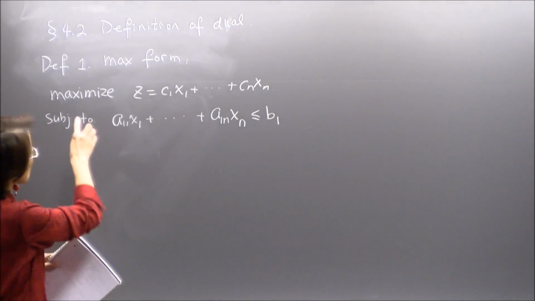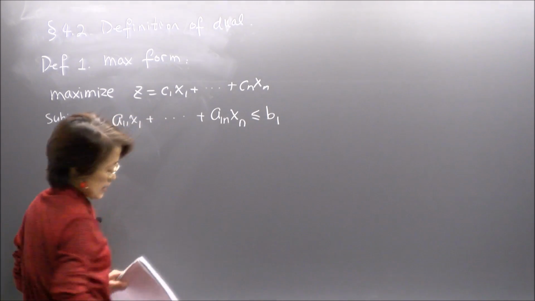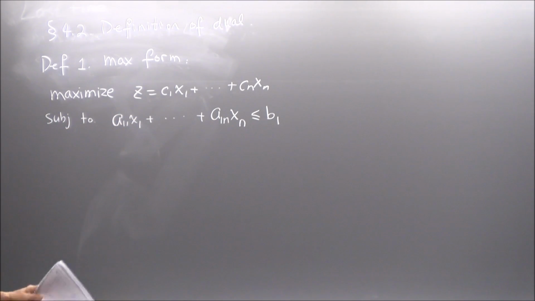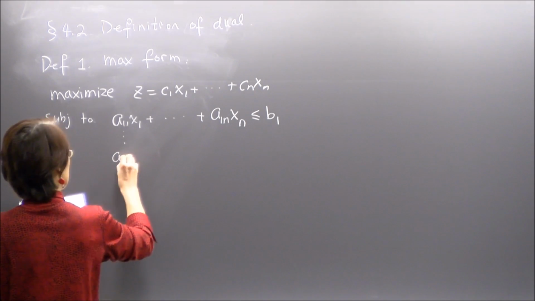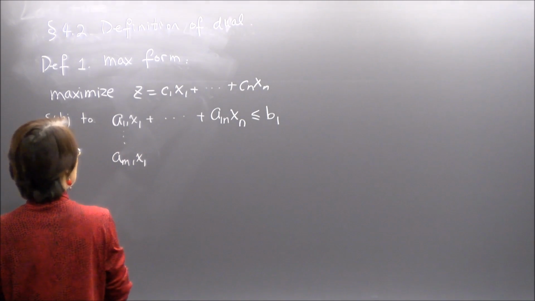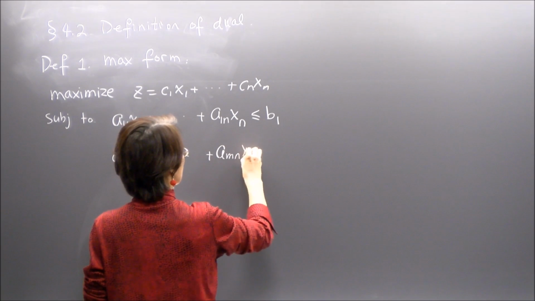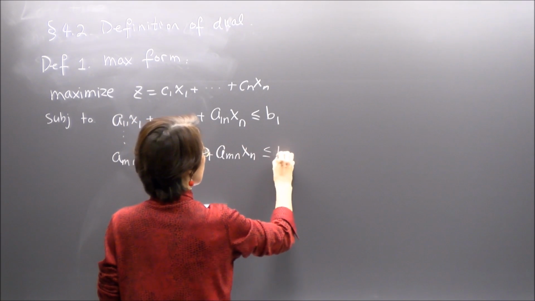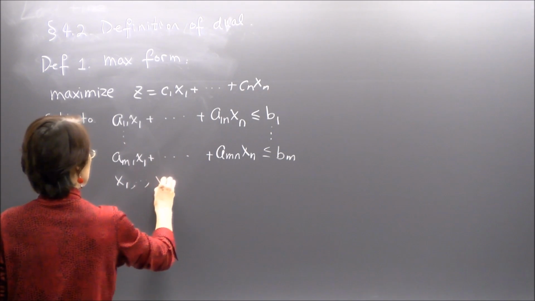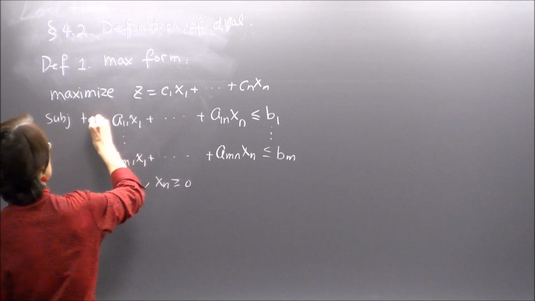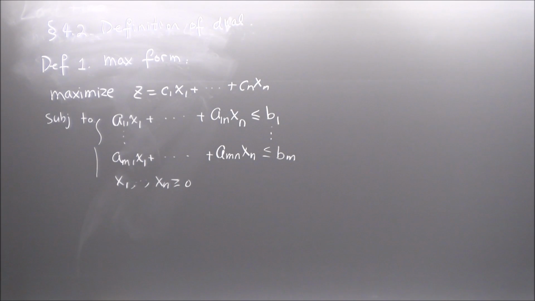So the max form is maximizing something, and the constraints are less than or equal. Okay, that's this form. So I can have all these constraints, I write them down, up to am1 x1 and so on, less than or equal to bm. Okay, x1 all the way to xn bigger than or equal to 0. So this is called a max form.